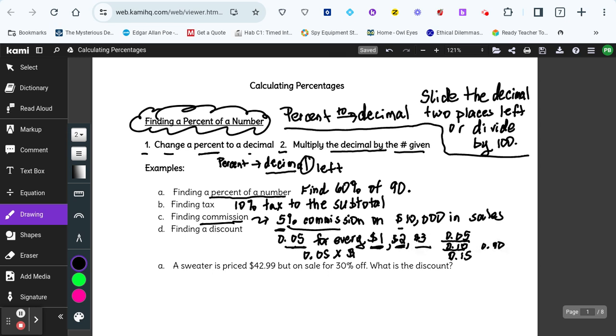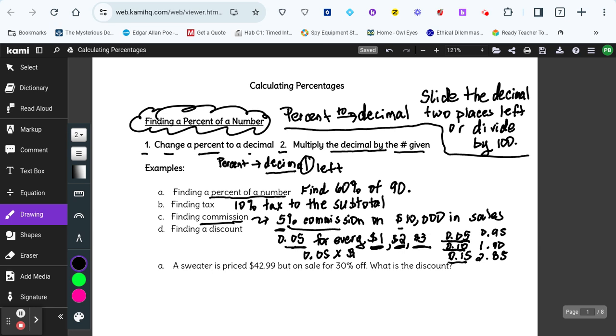If you sell $3 worth of material, you get to keep 15 cents and the company will keep $2.85. If you sell $1, then you keep a nickel and they keep 95 cents, okay?